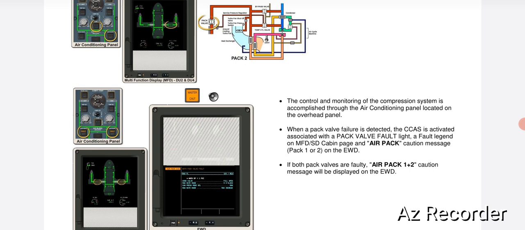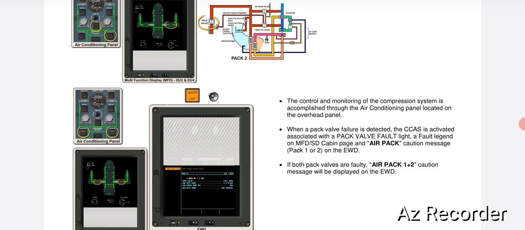Now, after the time lapse, the shutoff valve solenoid is energized, as air pressure is available. The pack valve opens and is regulated at 22 psi. That is the normal psi at which the bleed air will be supplied to the air conditioning system.